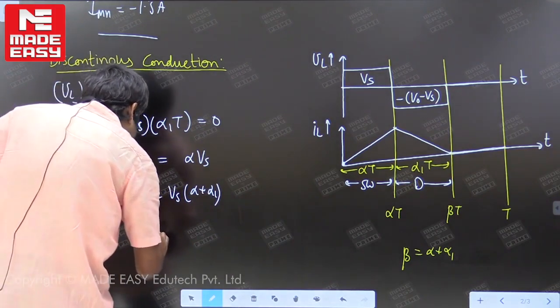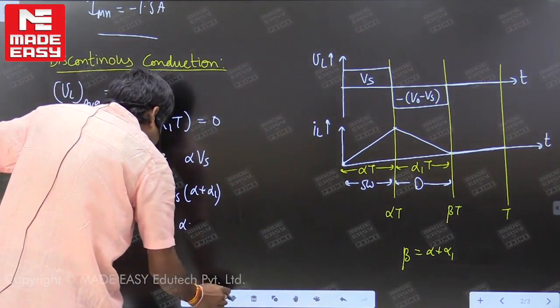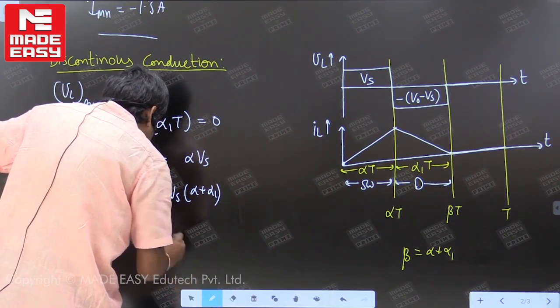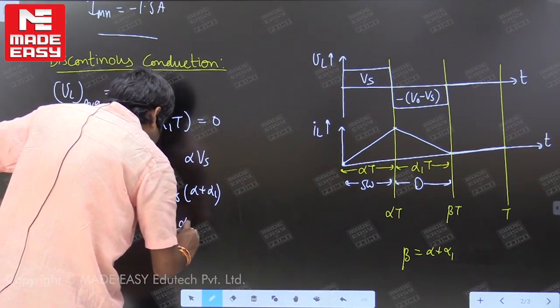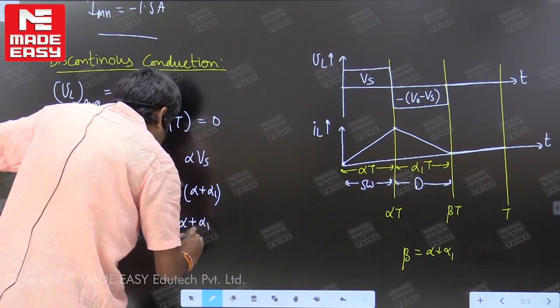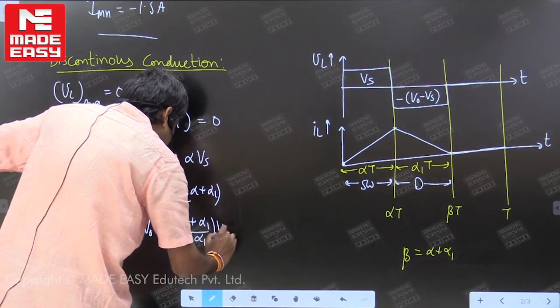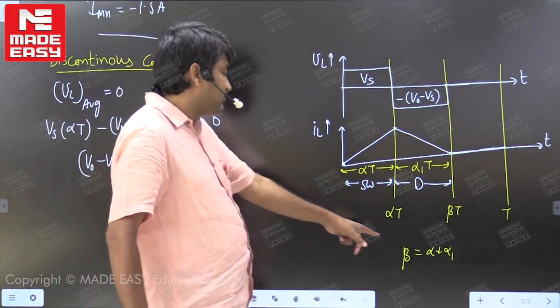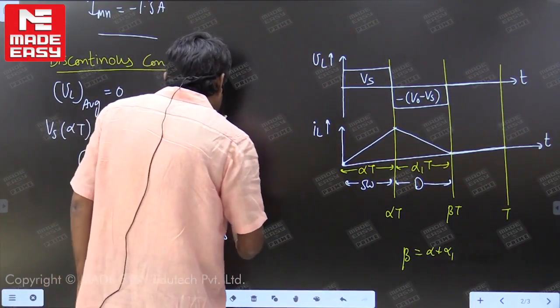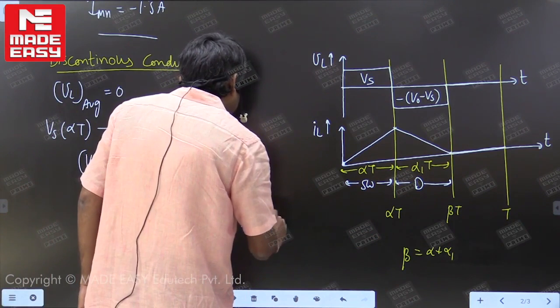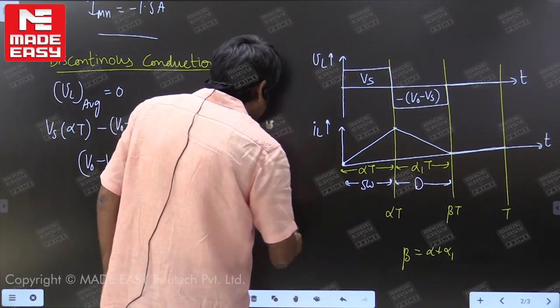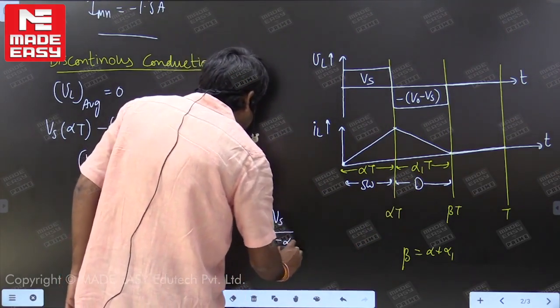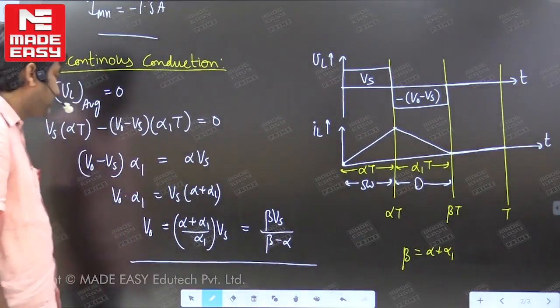So V0 is equal to alpha plus alpha 1 by alpha 1 into Vs. That is the expression for output voltage. Alpha plus alpha 1 is equal to beta. So I can also write it as beta into Vs by alpha 1, which can be written as beta minus alpha. You can use any formula for average voltage, both are right.